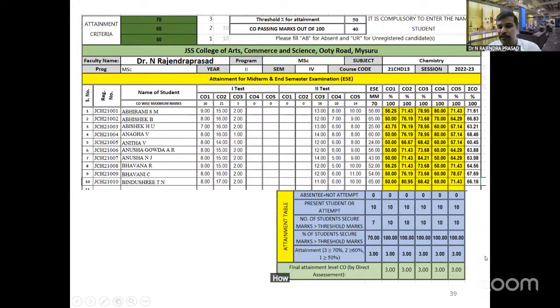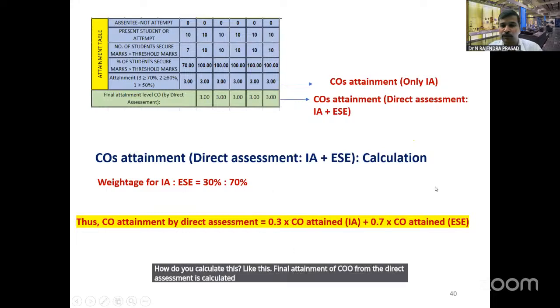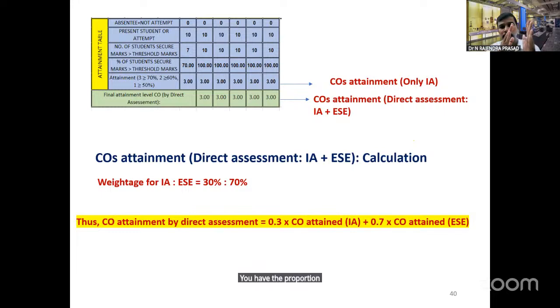How can you get this final attainment? How do you calculate this? The final attainment of CO from the direct assessment is calculated using this formula. You have the proportion of 30:70: 30 for internal assessment, 70 for end semester examination.